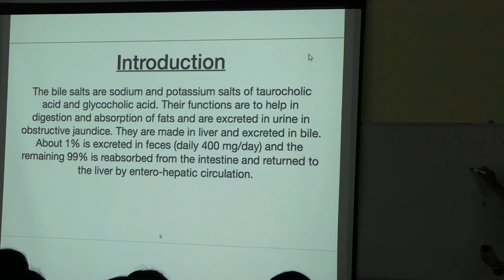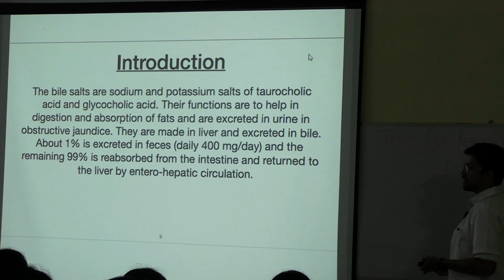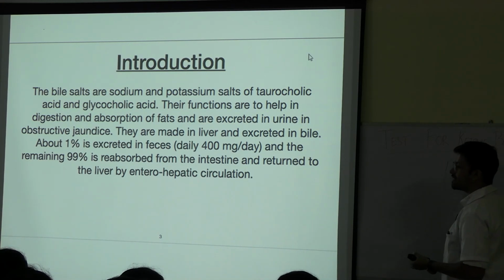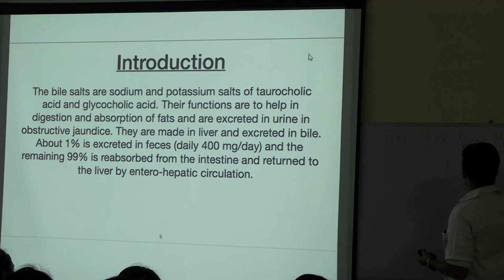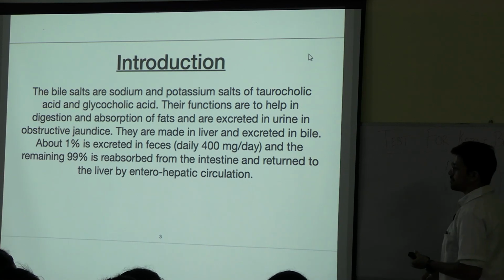So it is stored in the liver, and these bile salts are easily diluted in water. So it regurgitates in the liver only. The blood circulation in the liver, by the hepatic artery and the portal vein, gets these bile salts mixed with the blood, and through the blood circulation it comes out.